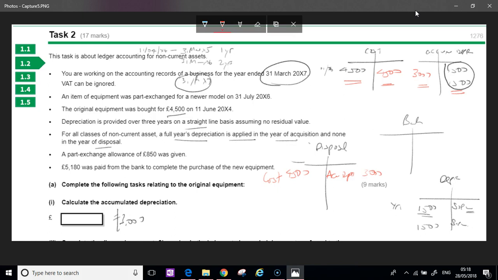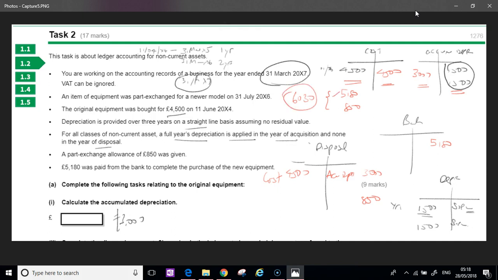What they do here is they tell you, okay, pay 5,180 from the bank towards this new asset. And they've also said, give us your old asset for 850. So 850 here, 850 here. So you can actually work out what the value is: 5,180 plus 850, which is 6,030. So we know the value of our new asset is 6,030.